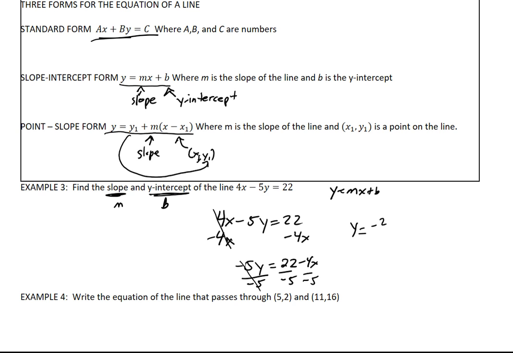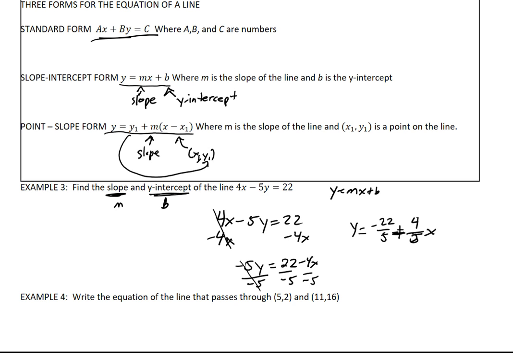And the negative 4 and the negative 5 that we see here, the negatives cancel, and that becomes positive. So it'd be plus 4 over 5 x.